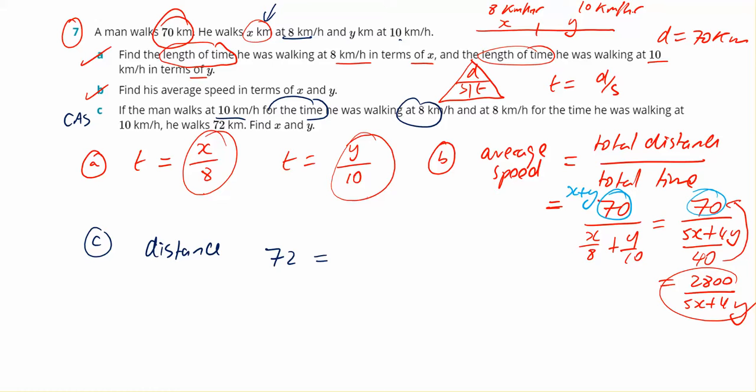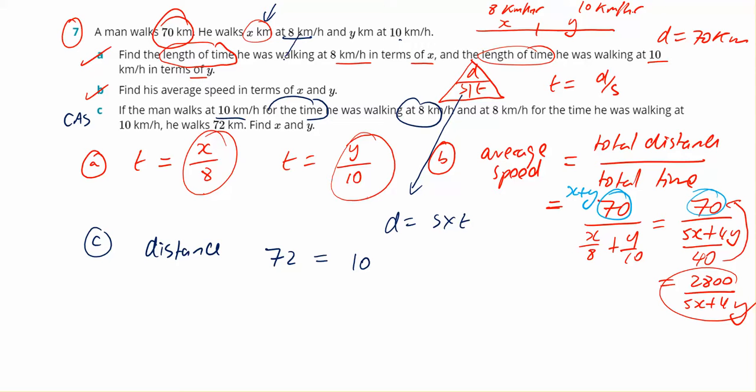Now, for the first length, which is x, if I were to use a triangle again, distance is given by speed times time. Now, the speed is 10 kilometers per hour now because it's changed. And the time is the time he was walking at 8 kilometers per hour.